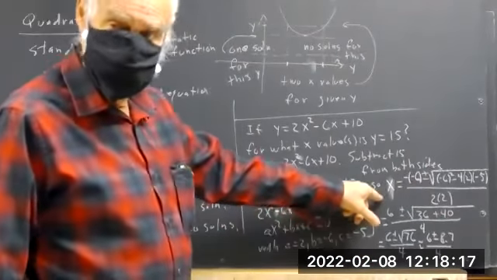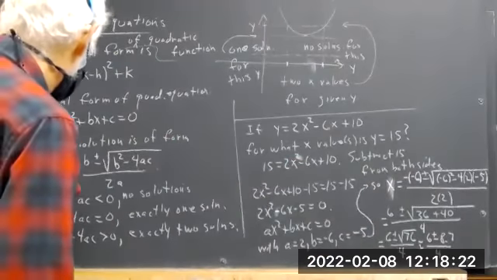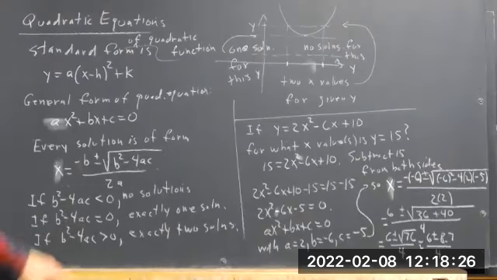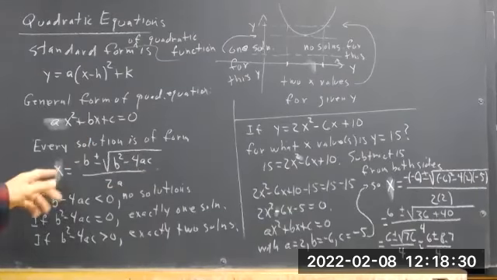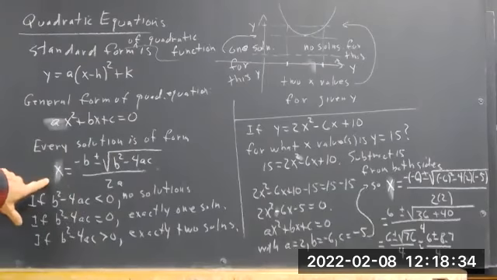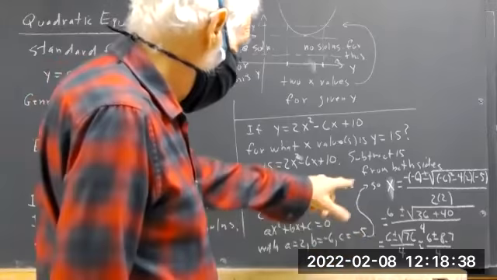Okay, so that's x, right? Because your solution is of the form x equals. The solution gives you your x value. I wrote a y equals here without noticing. So it's x. Make sure you make that correction. These are your x values.